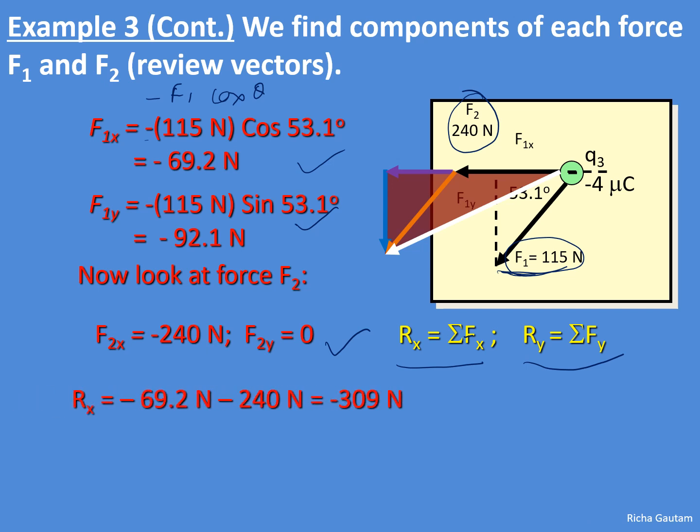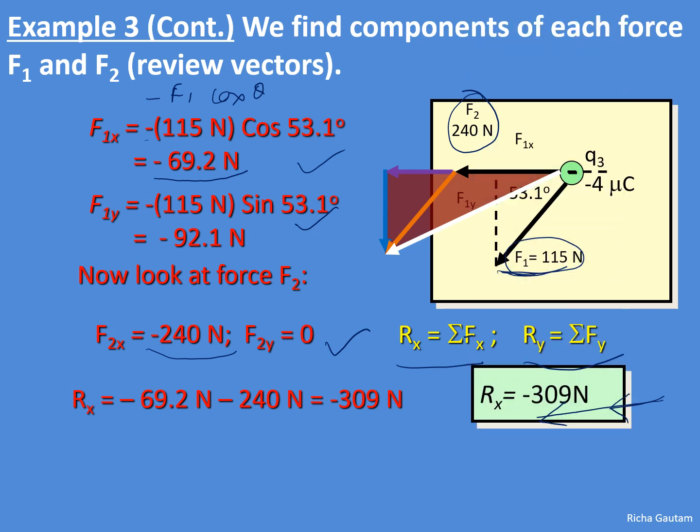On the x-axis we have negative 69.2 and negative 240. You take these two negative numbers and add them, because they both act along the same negative x-axis line. So Rx is negative 92.1 newtons.